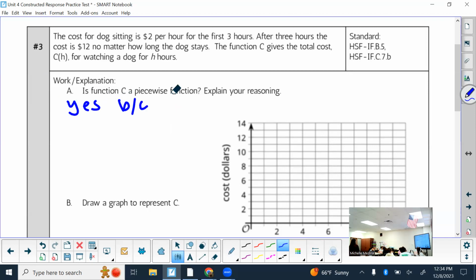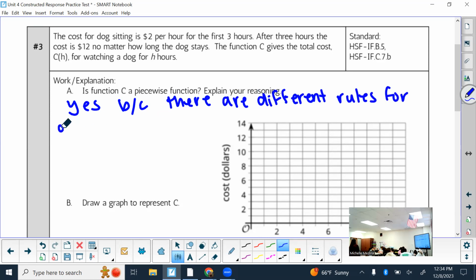So yes, this is a piecewise function because there are different expressions or rules for different parts in the domain.